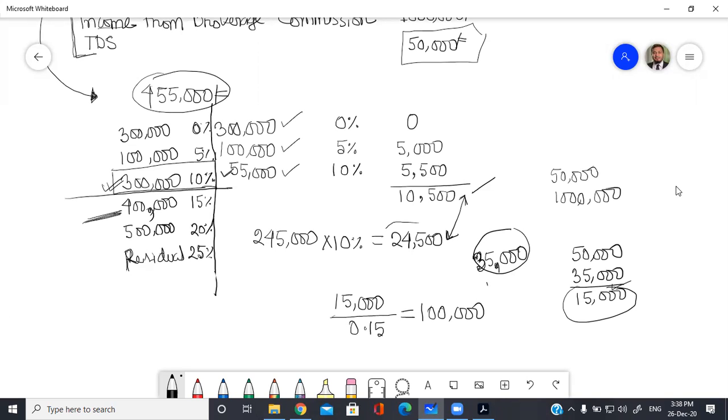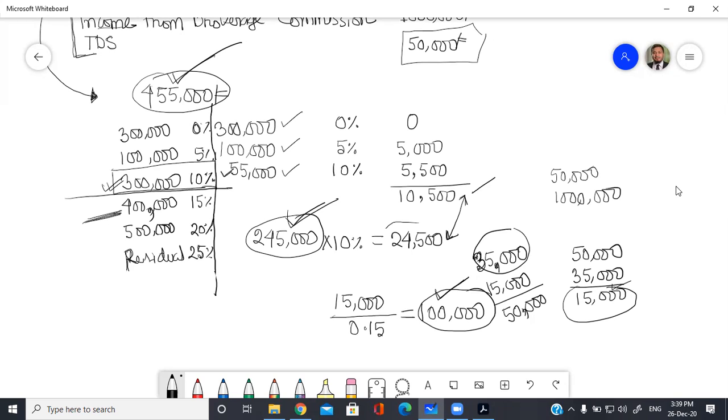Now if we add it, 15,000, can we show that we have calculated the tax liability of 50,000 for this income and this income? Yes, sir. The 50,000 taka can be attributed to how much income? 245,000 and 100,000.